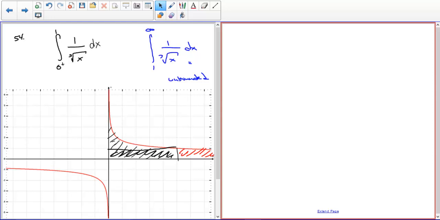Based on what I mentioned previously, if you look at the function 1 over the cube root of x, you'll see that it approaches the y-axis pretty quickly, but it doesn't approach the x-axis very quickly. So our intuition would be that the red integral, the one from 1 to infinity, would be undefined, and the one from 0 to 1 would be defined. It'll turn out that's true, but let's just go through the steps.